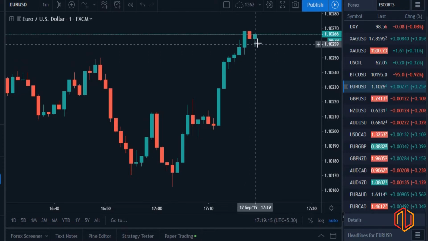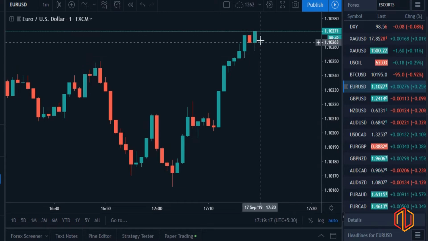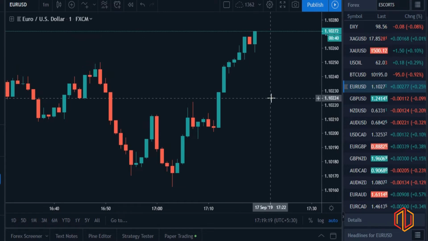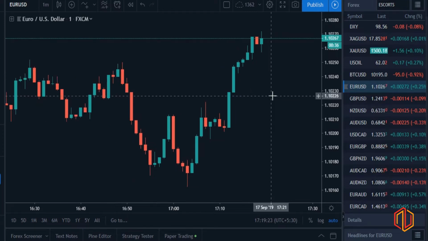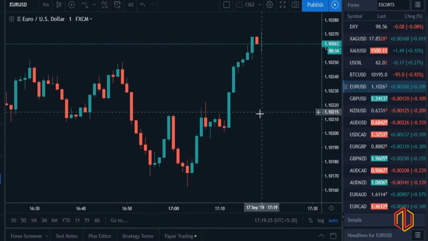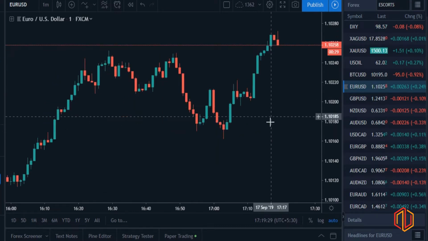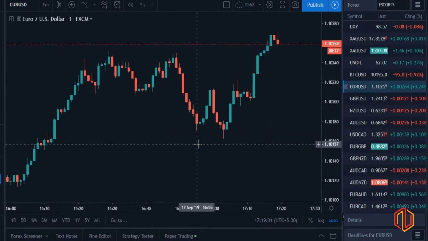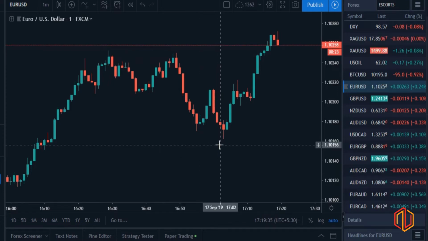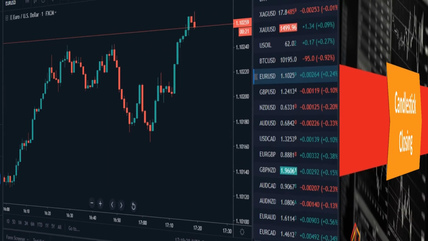Again, the current one started as a bearish one, but now it has become green and looks like it would continue going up. Right, or it could also close as an indecision candlestick. So what this tells us is that all analysis needs to be done after the candlestick price has closed.